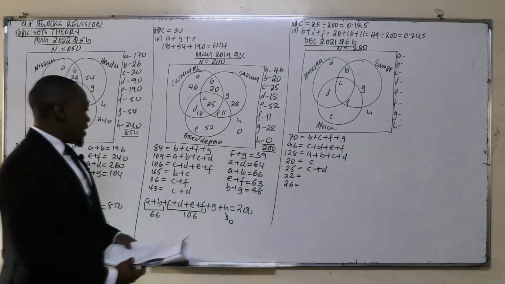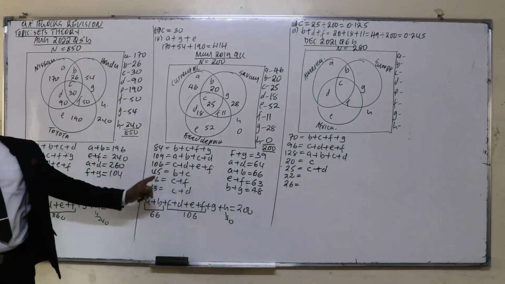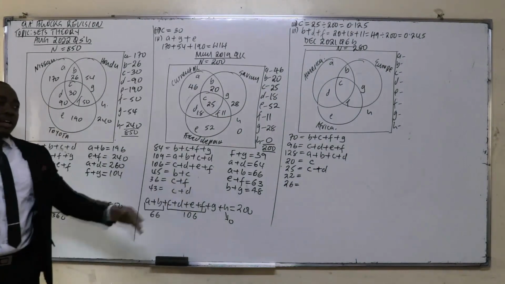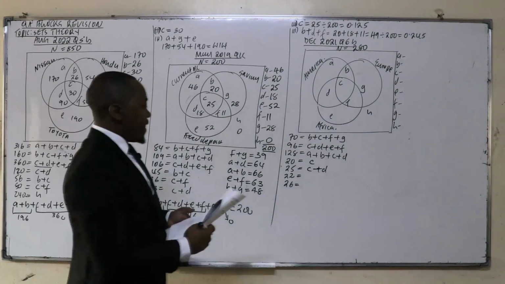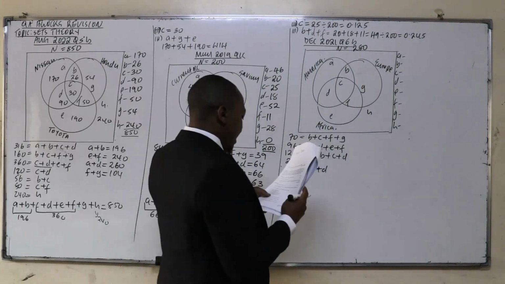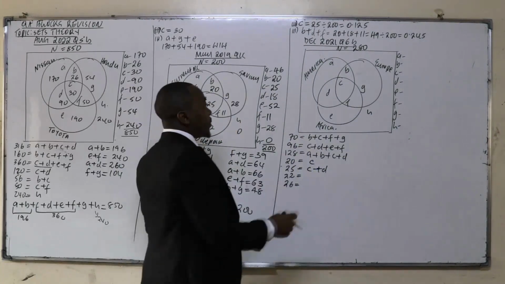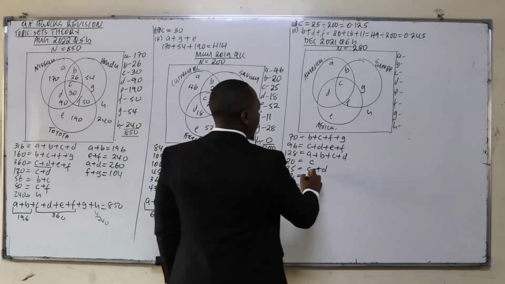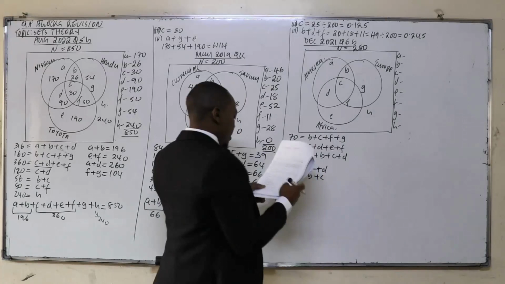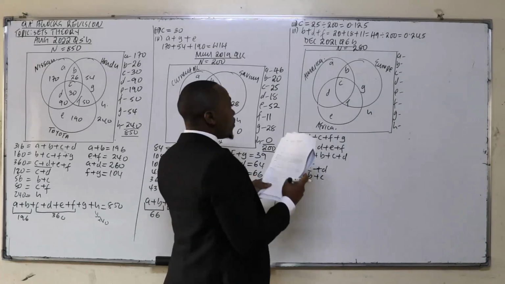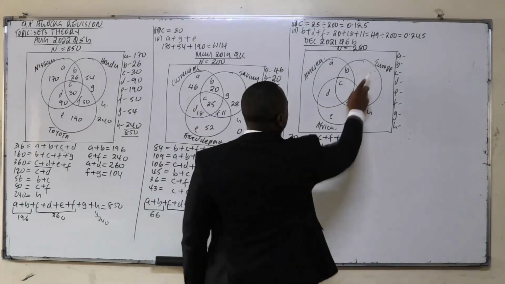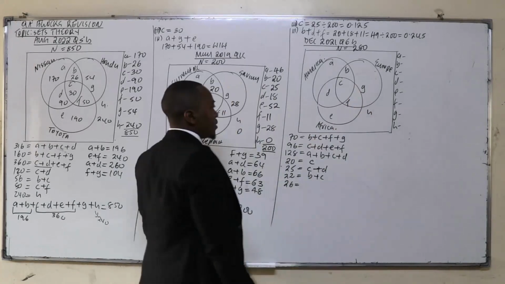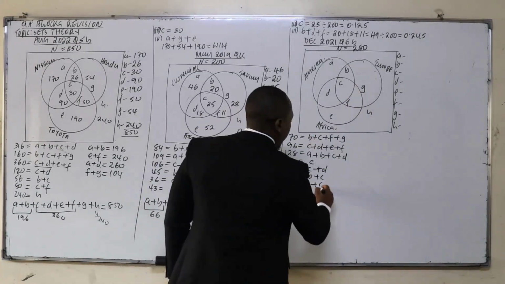Write C and F in order, it's C and F, because that one will help you when it comes to cracking. Then 22 delegates represented America and Europe. Who and who? B and C. Then 26 delegates represented Europe and Africa. Who and who? We have C and F.